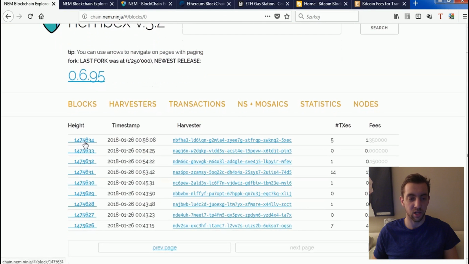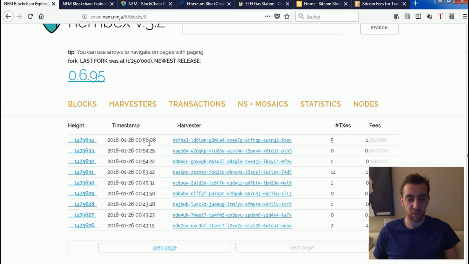So we also have height, which is the number of the block, and currently we are at around block 1,400,000. There is a timestamp, which is the time at which the block was mined, and here we can see the time of the last block was around 1 minute and 30-some seconds.